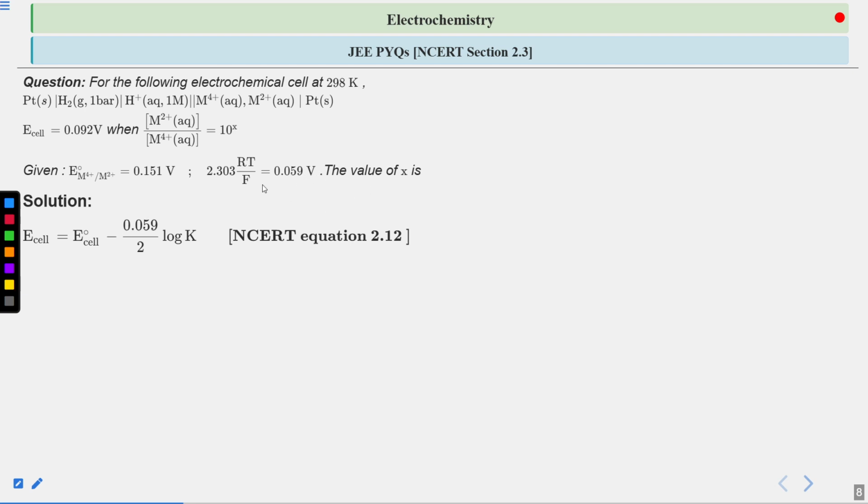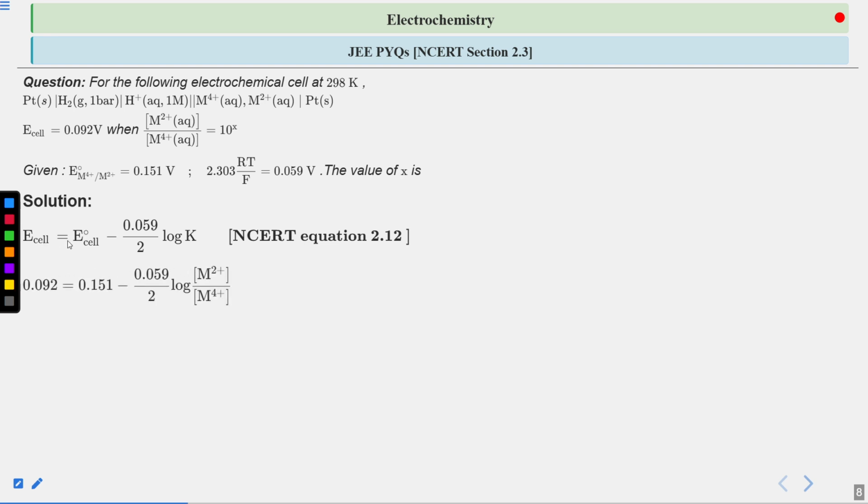It is already mentioned in the question, and divided by n will remain. n we are taking as 2, because in the M4 positive to M2 positive, or M2 positive to M4 positive, 2 electrons are being added or removed from the reduced or the oxidized species, right? That means 2 electrons are involved. That's why we are taking n equal to 2. This is the Nernst equation.